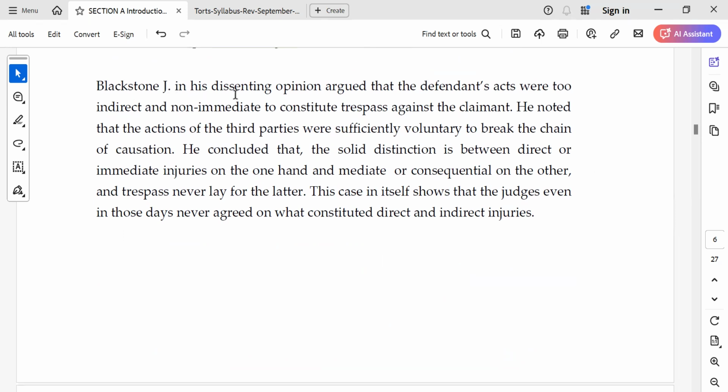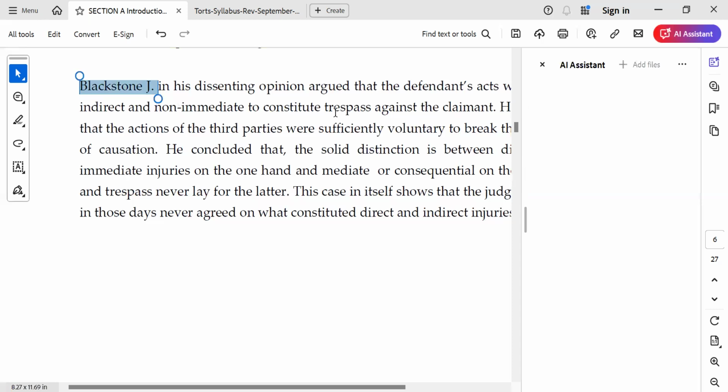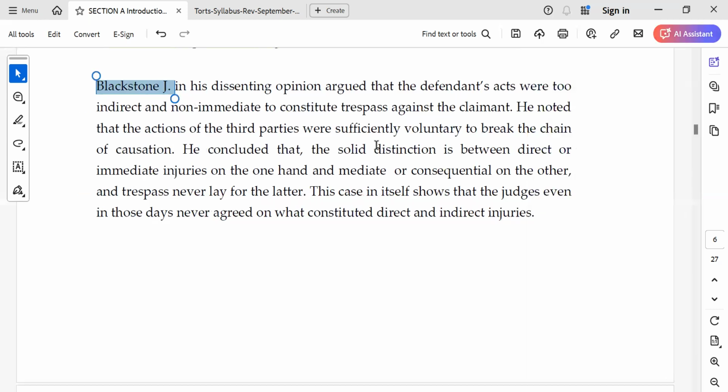Justice Blackstone, in his dissenting opinion, so this one was the dissenting judge Blackstone, argued that the defendant's acts were too indirect and non-immediate to constitute trespass against the claimant. He noted that the actions of the third parties were sufficiently voluntary to break the chain of causation.